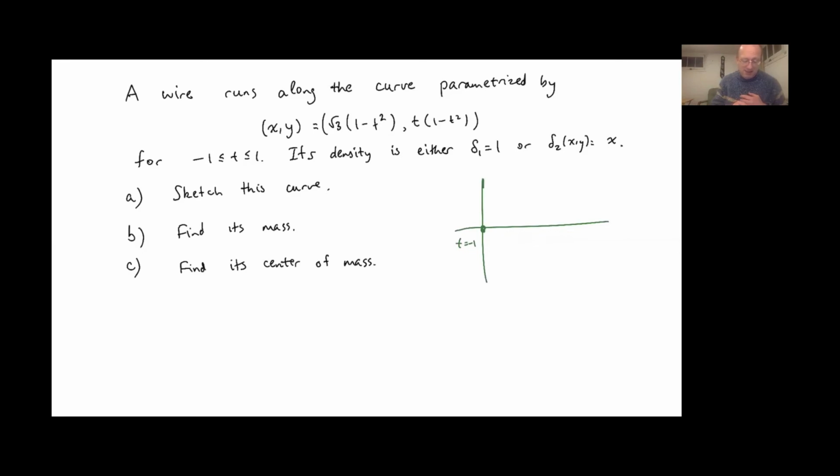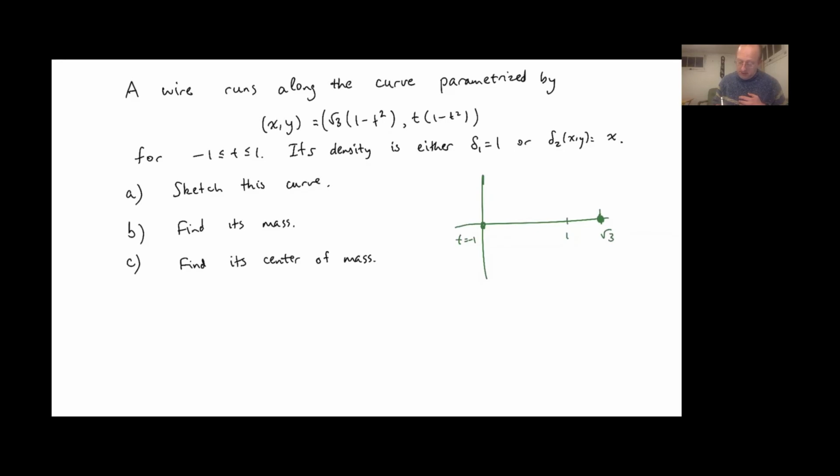When t is in the middle, t equals 0, then x equals square root 3, and y also equals 0.